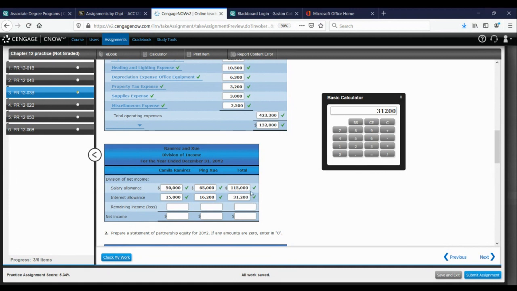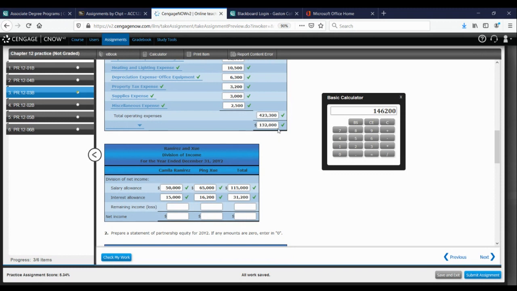We're going to need to combine the salary allowance with this at $115,000. So I'm going to add $115,000 to what I already had in my calculator, and that will give me a grand total of allowances of $146,200. The total of the allowances is more than the net income.